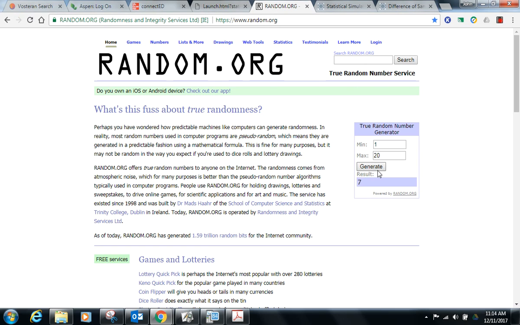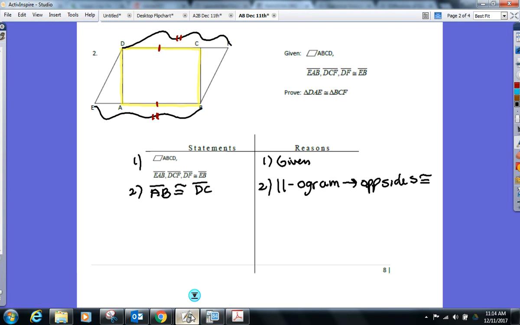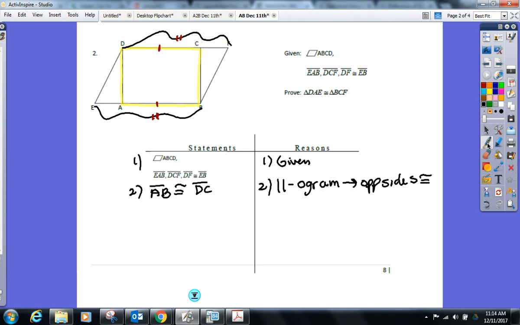Let's keep it going. 7. Well, both are parallel. Obviously, we talked about parallel lines, but I don't know if that works with this. Well, where are you going with your parallel lines, though? Usually they lead to angles being congruent. Okay.